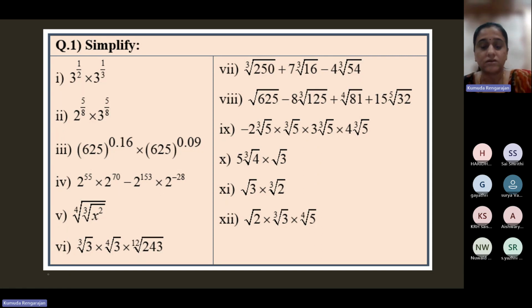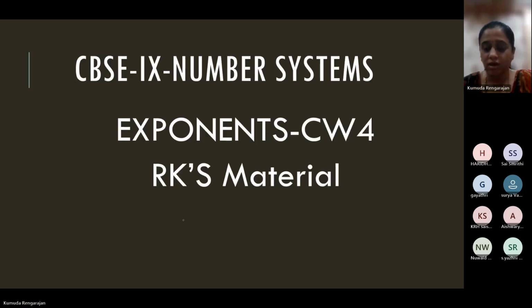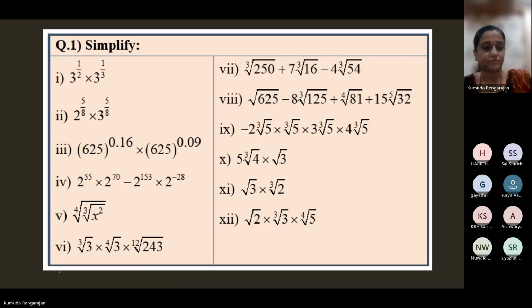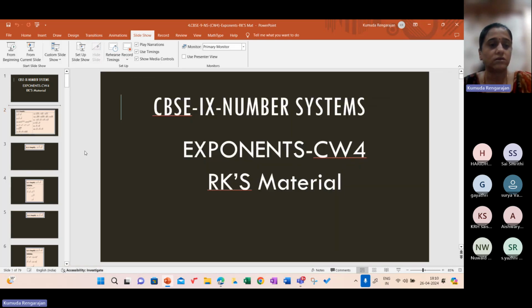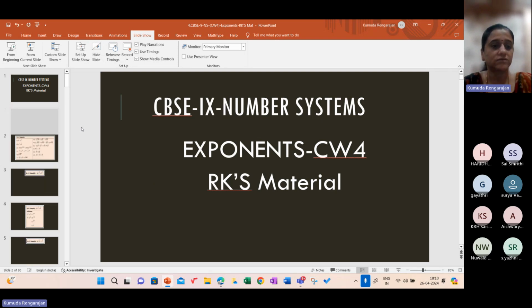So today's subtopic from this chapter, number systems, is exponents. Let's just recall the laws of exponents we have seen in standard 8.